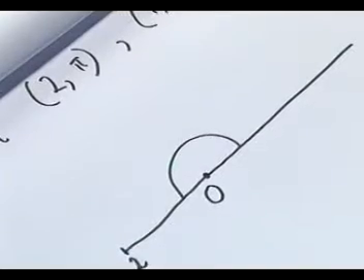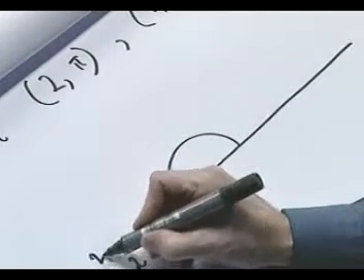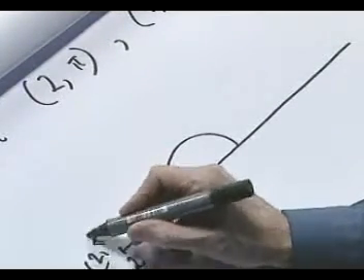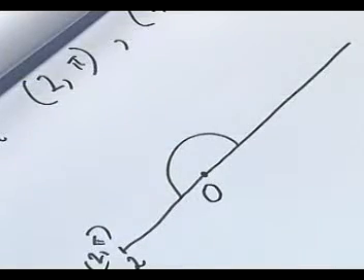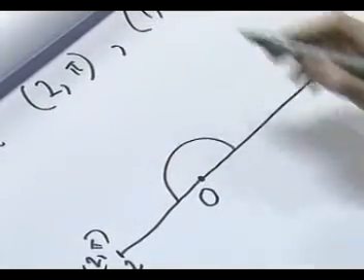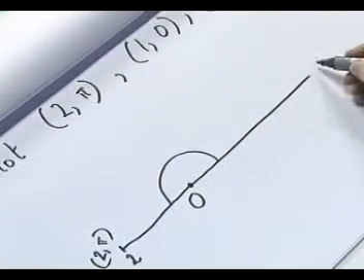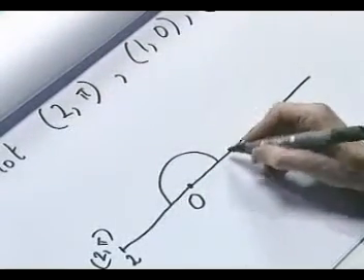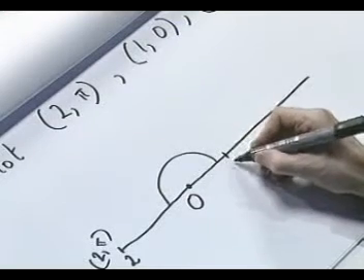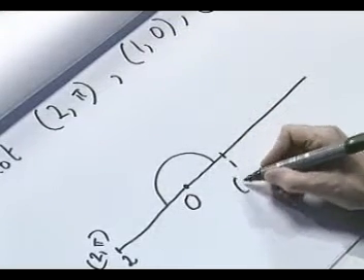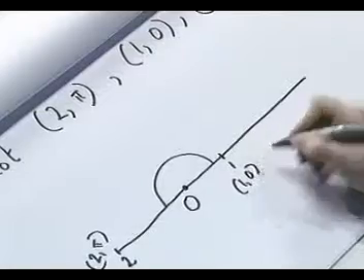So it's there. And this is the point 2, pi. Next, the point 1, 0. Well, theta is 0, so we're on the initial line, and 1 will be about there. So there is the point 1, 0.